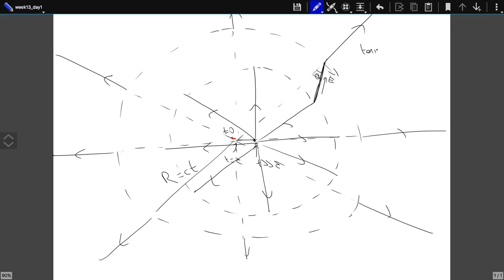Tangent of that angle will be this component of the electric field, that is the tangential component, to the radial component of the electric field.